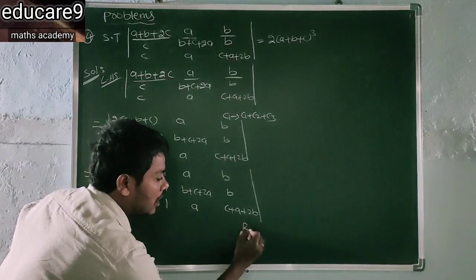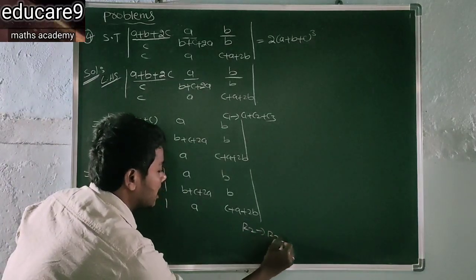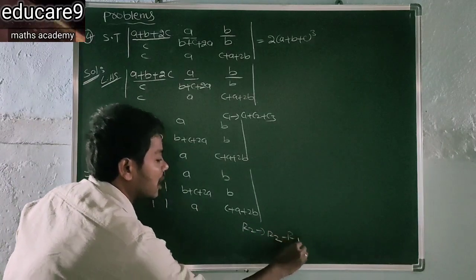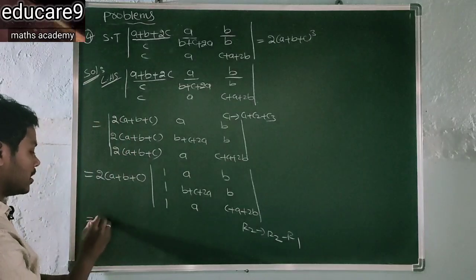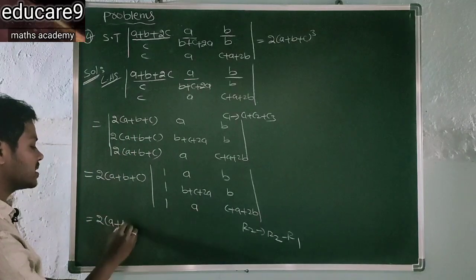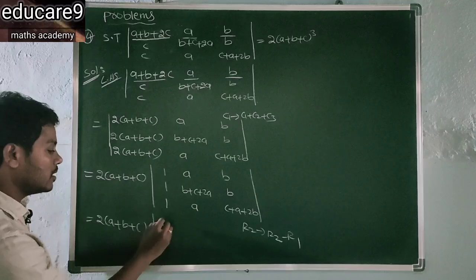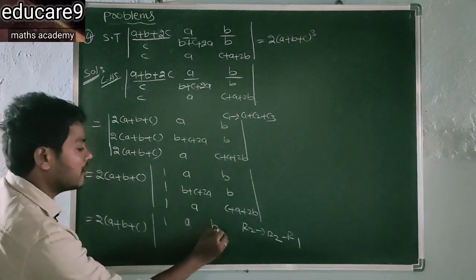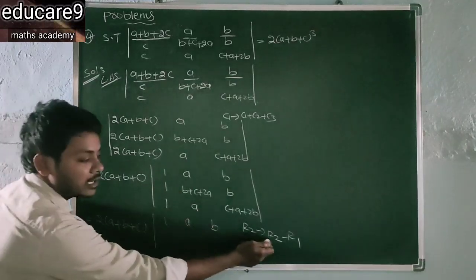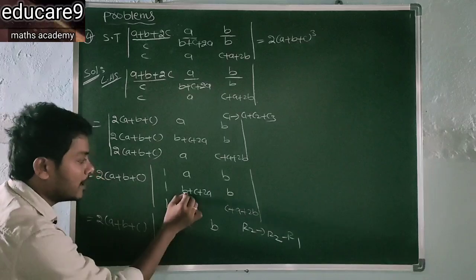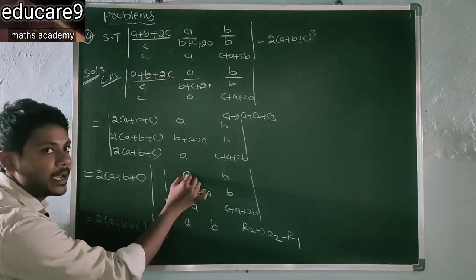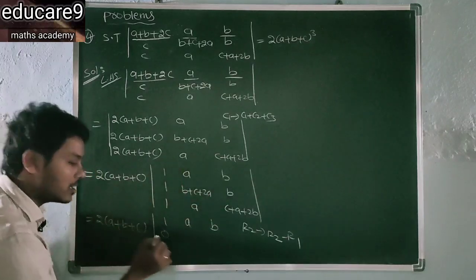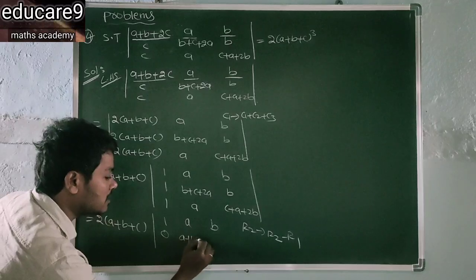See here, R2 becomes R2 minus R1. So what will you get? 2 times (a plus b plus c). So these are same, 1 minus 1, 0. B plus c plus 2a minus a, 2a minus a is a. That is a plus b plus c.